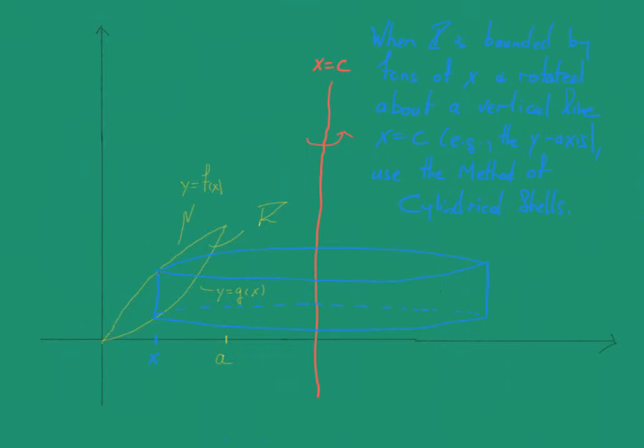We know what these y values are at x because our region is described in terms of functions of x. So it's going to be the distance from f of x to g of x, which is f of x minus g of x. So that'll allow us to determine dV. We'll have one shell for each x between 0 and a, and so we'll integrate dV with respect to x from 0 to a.